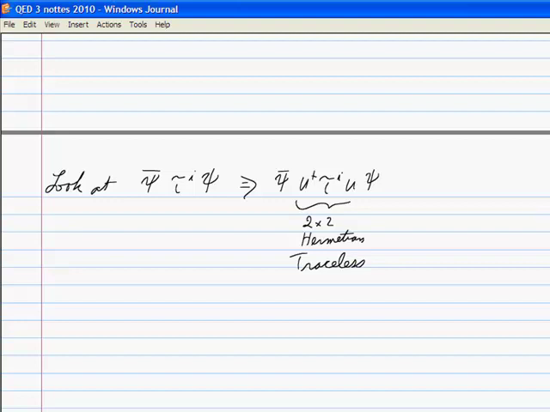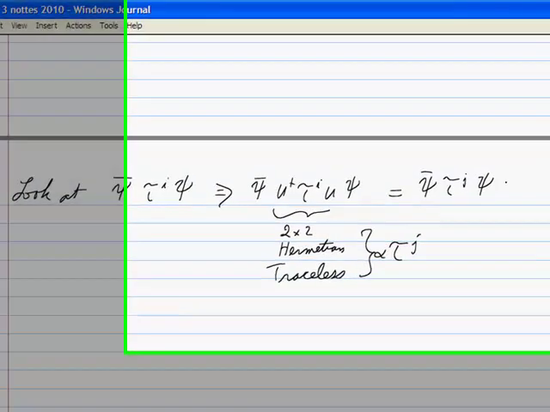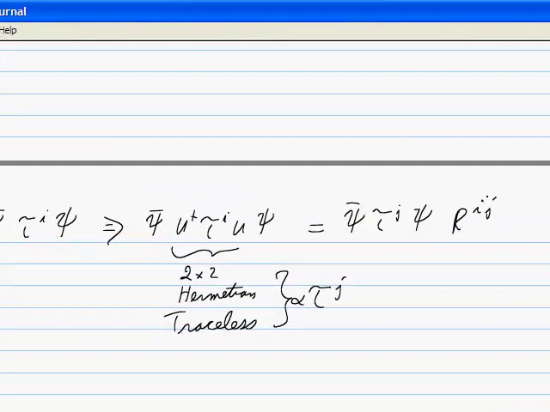So the combination of 2-by-2, Hermitian and traceless uniquely tells you that it's proportional to some tau j. It's some other tau matrix. So this guy is written then as psi bar tau j psi times R i j.